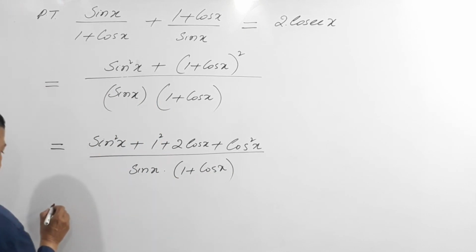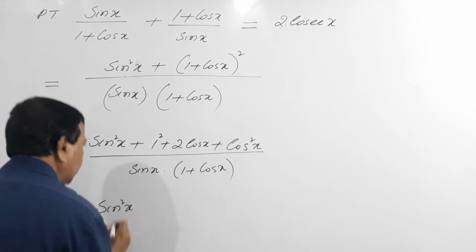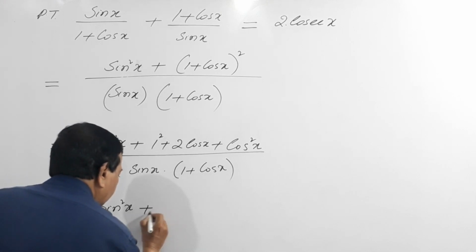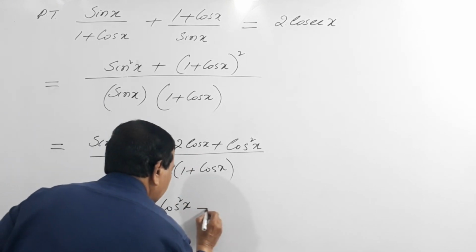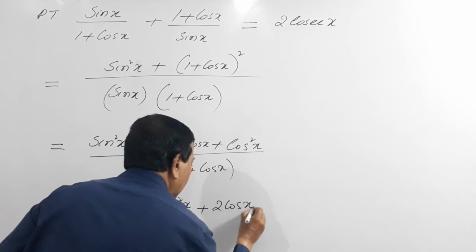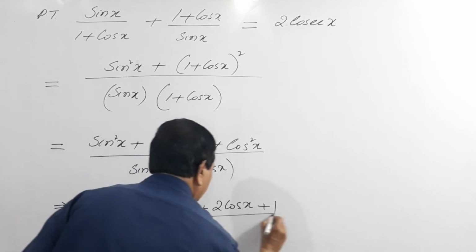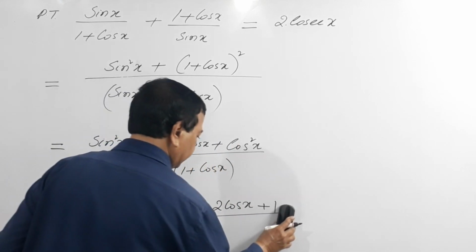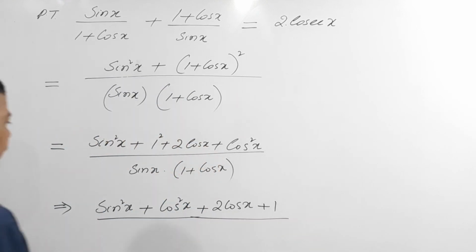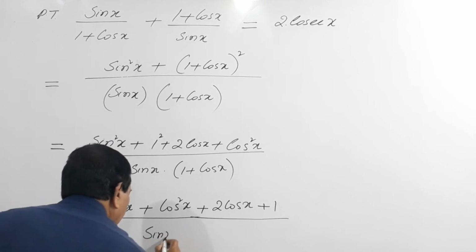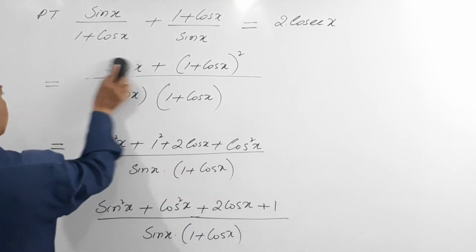By rearranging, this is sin square x plus cos square x plus 2 cos x plus 1, divided by sin x into 1 plus cos x.